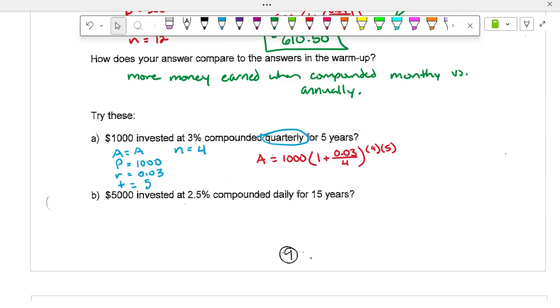Good Lord. Y'all are nasty. How many times a year is that? How many times a year is that? My olfactory nerves are being assaulted, but that's okay.